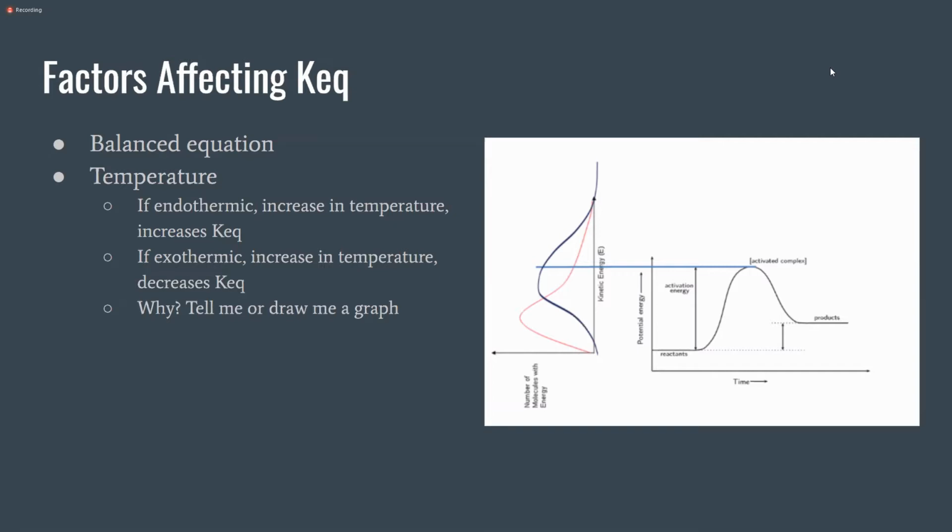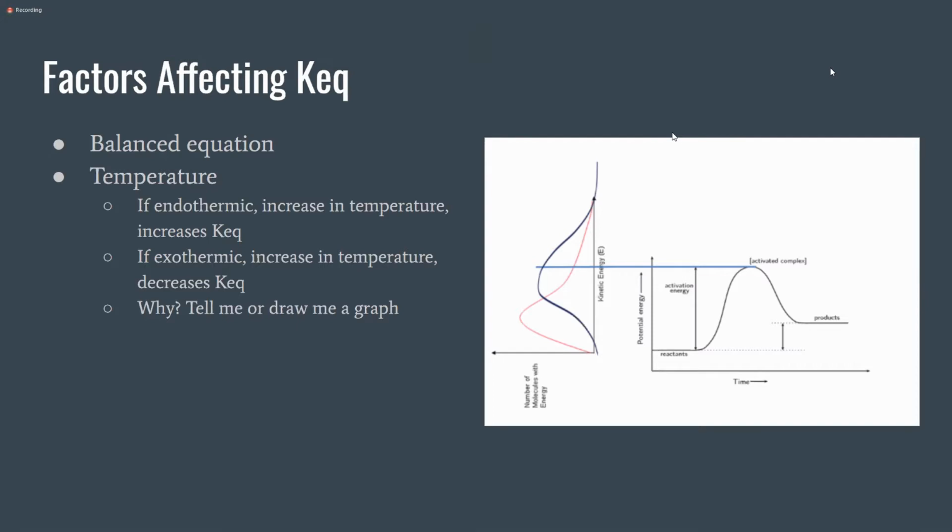So what you need to know is that if you have an endothermic reaction, increasing the temperature will increase the K equilibrium. If you have an exothermic reaction, increasing the temperature will decrease the K equilibrium. And this can get a little bit tricky. So to understand this, we had these graphs in lectures, and I think these are the most useful ones.